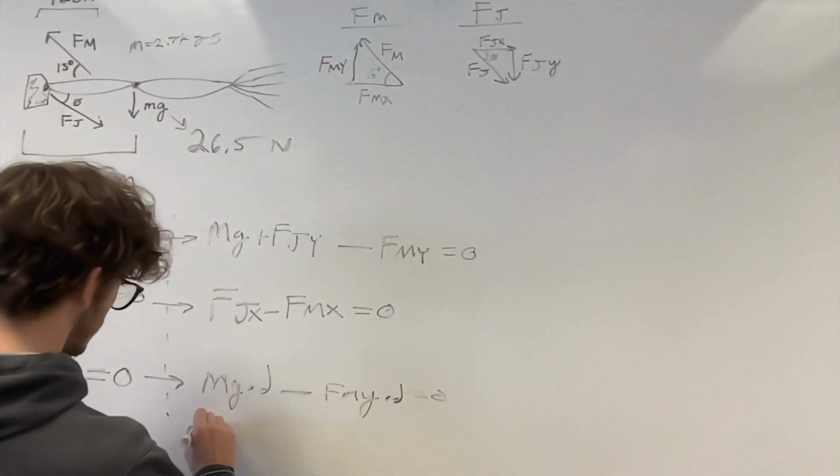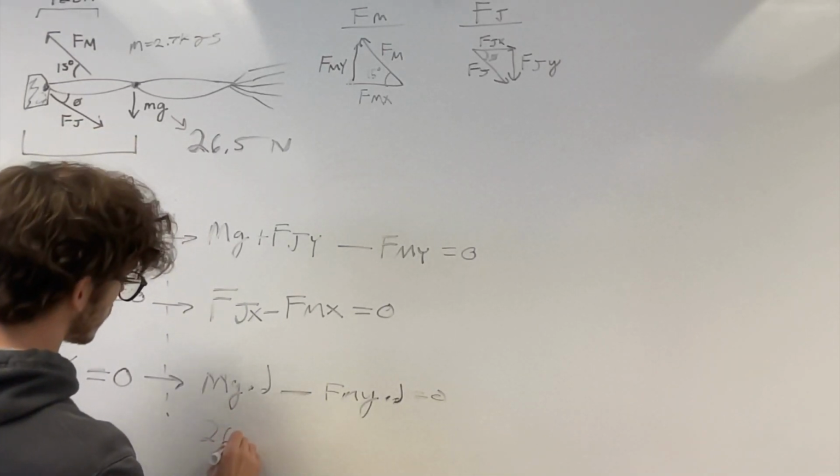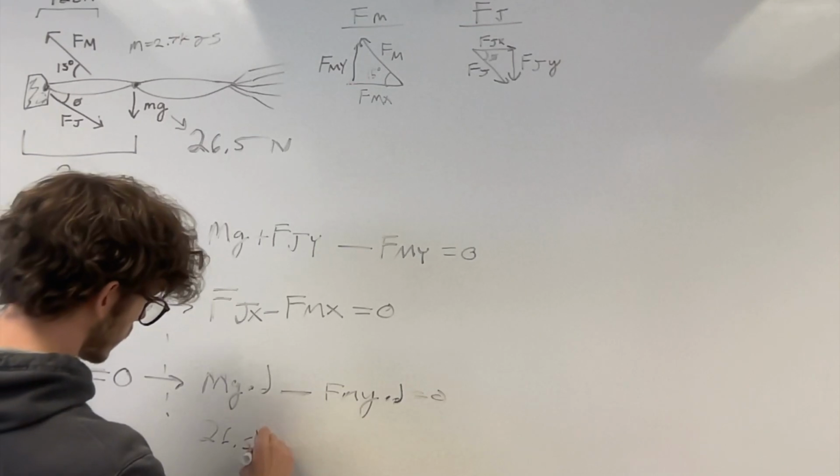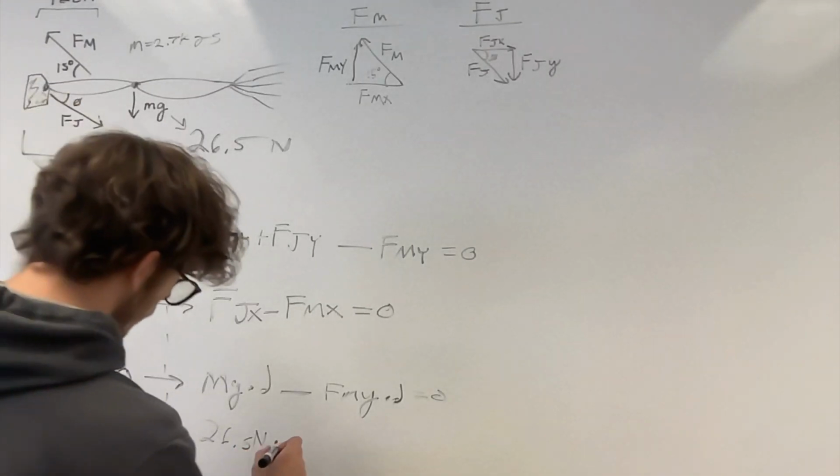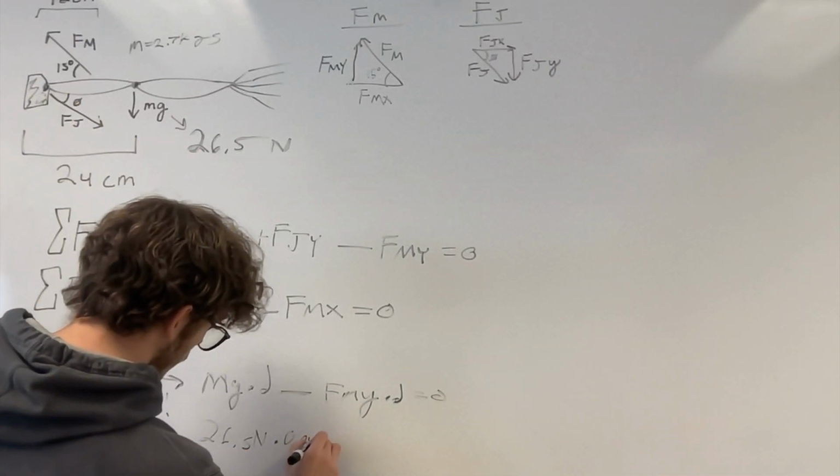So 26.5 newtons times the distance from our lever arm here, how far does that turn out to be? 24 centimeters divided by 100 is 0.24 meters, right?